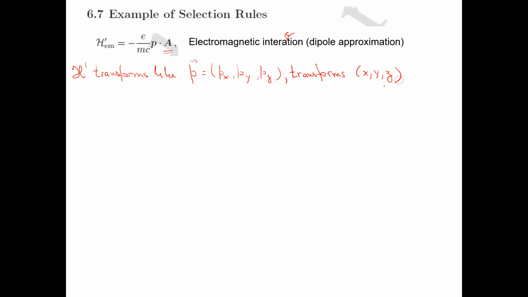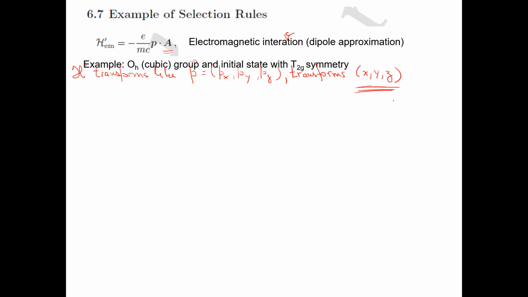So whenever you want to see what representation is associated with the transformation properties of the electromagnetic interaction, you basically have to look in the character tables for which irreducible representations transform like the XYZ coordinates. Okay, so let's do an example, which is the cubic group.